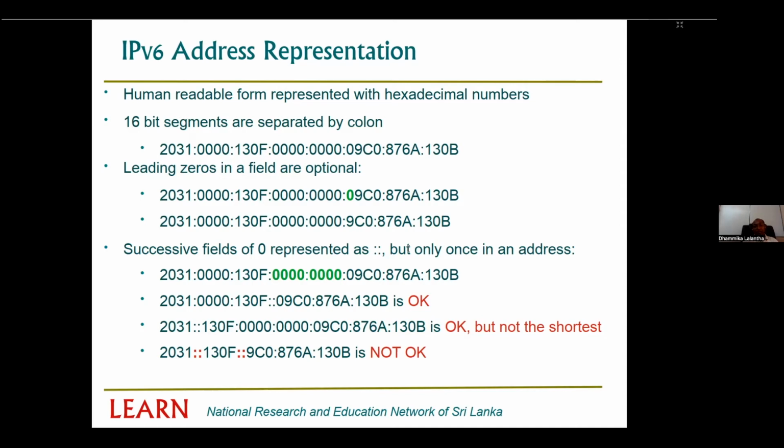So in this case we consider the fourth and fifth zero fields, and we can reduce them to a double colon. Our purpose is to make the address as short as possible, so we take the longest zero-bit sequence and remove it.